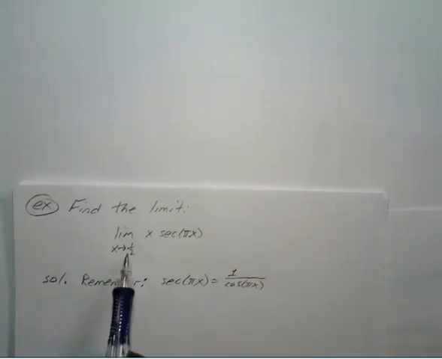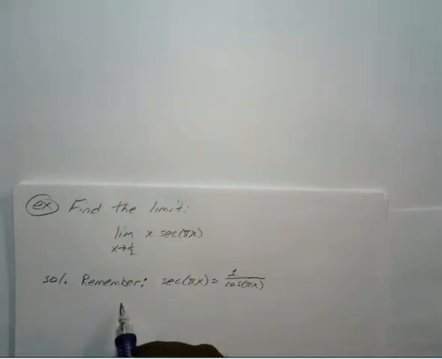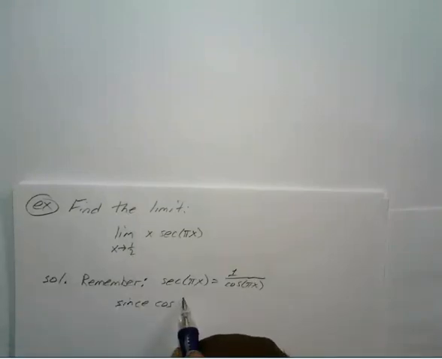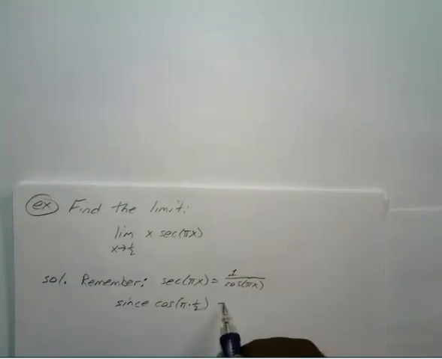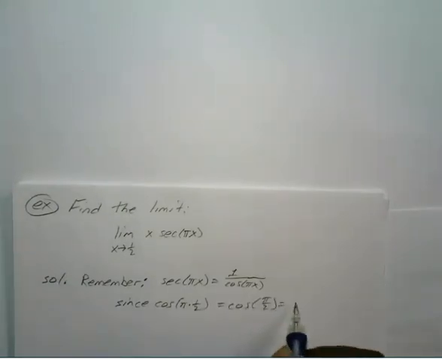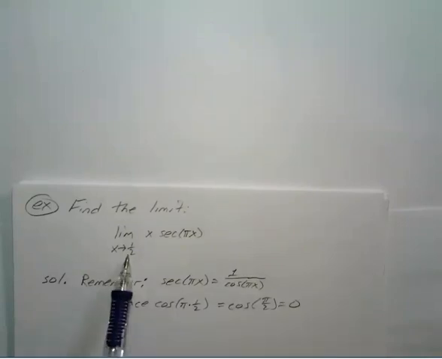Okay, and since we have cosine of pi x, if we plug in that 1/2, so that's pi times 1/2, which is just cosine pi over 2, which is equal to 0, we can't use direct substitution.